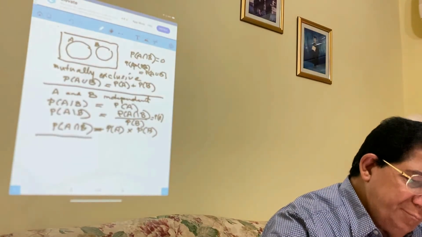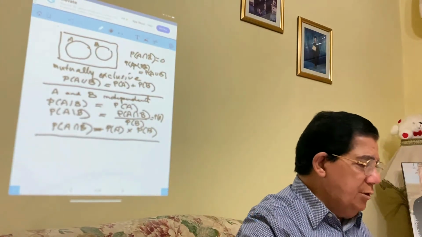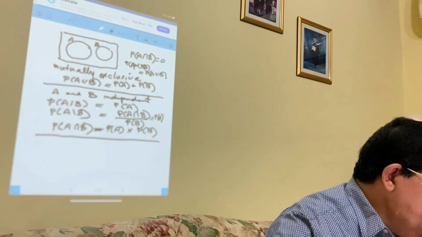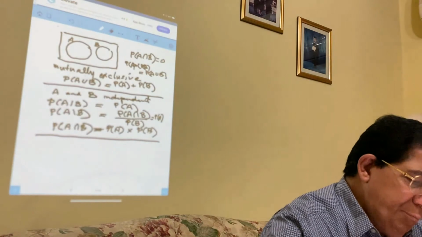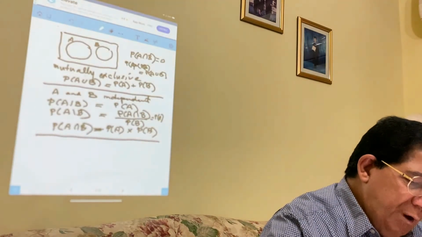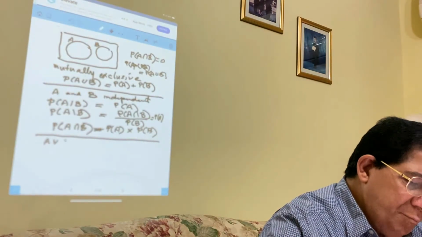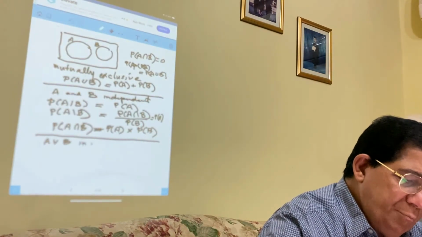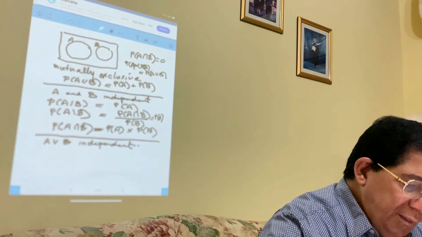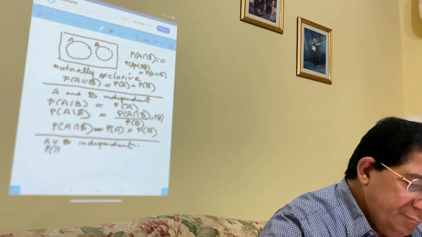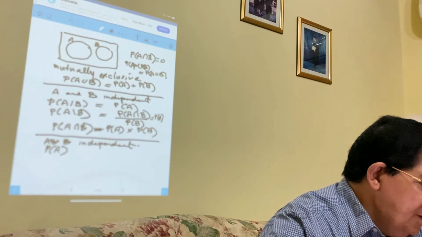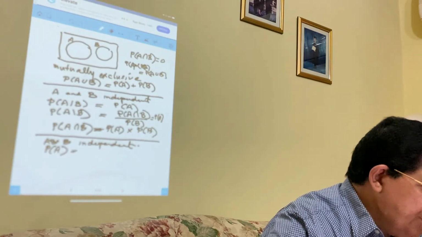For example, we take this example. Example 14: events A and B are independent, and the probability of A is 1 over 3.